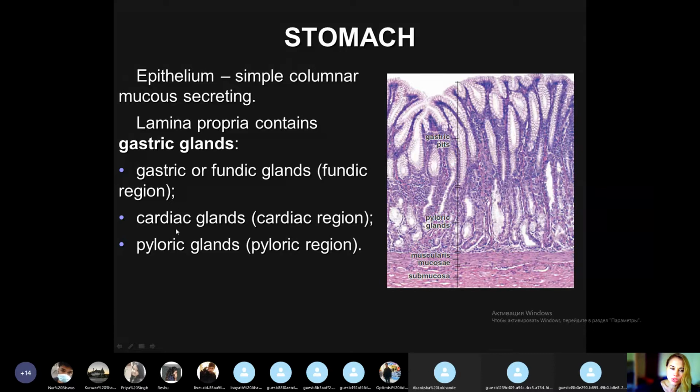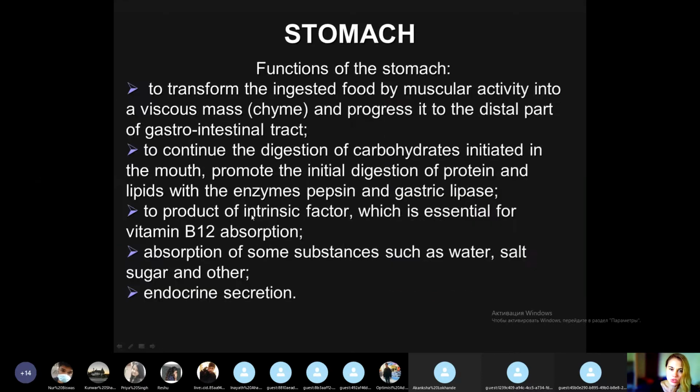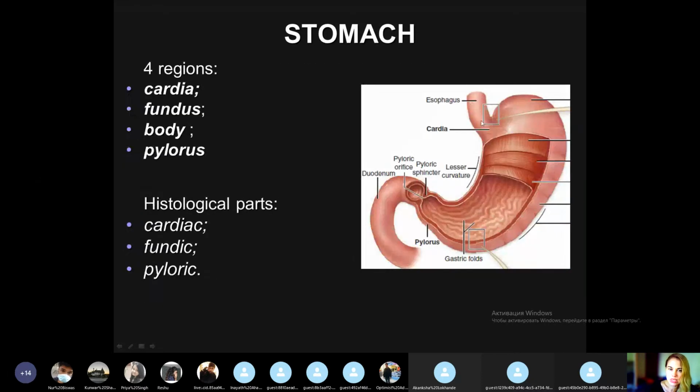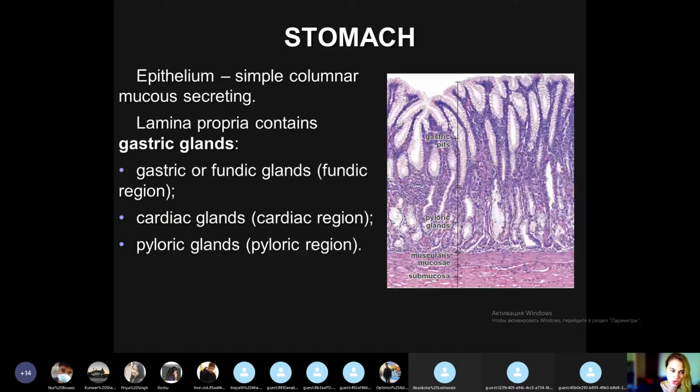Remember, when we were talking about the esophagus, we said that on the posterior surface, in the lower third of the esophagus, we can find cardiac glands. This is a result of the connection of the esophagus with the stomach. The regions that are situated close to each other have similar histological structure.